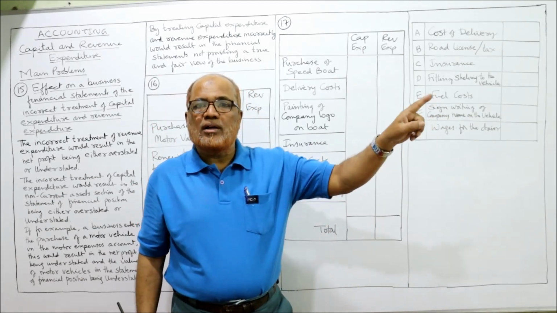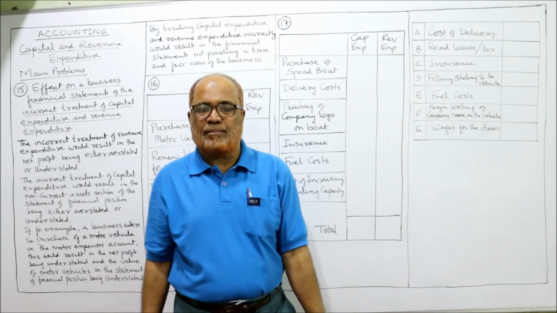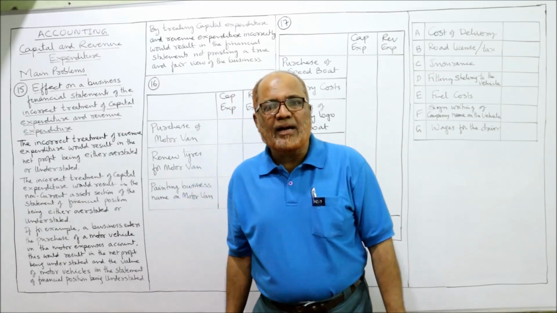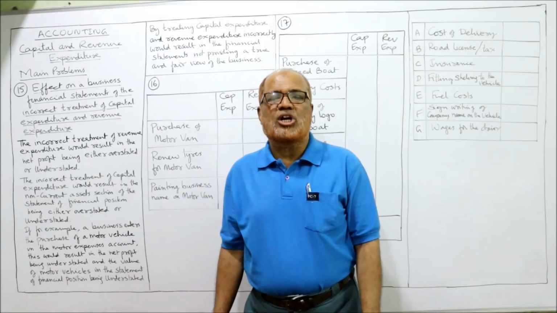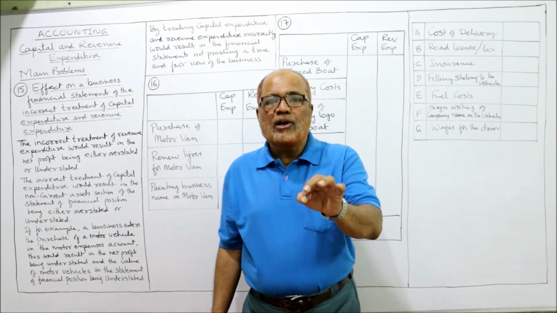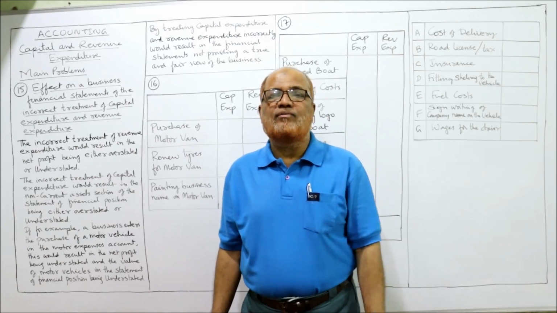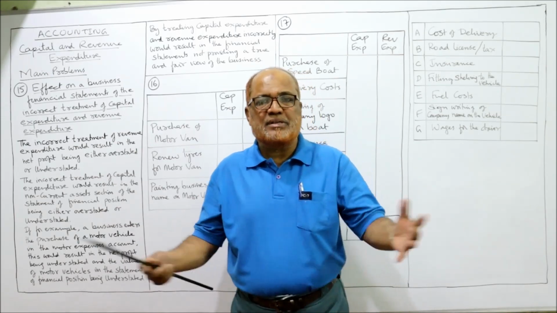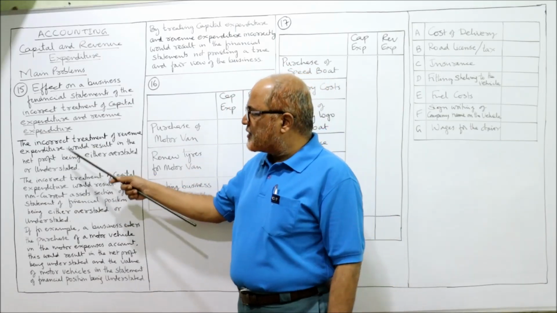Second effect, non-current assets will also be understated. This is the example. Finally, if there is incorrect treatment of capital expenditure and revenue expenditure, the financial statements will not show the true and fair view of the state of affairs of the business. That is the ultimate impact. That's all. This is the complete explanation of the 15th problem.